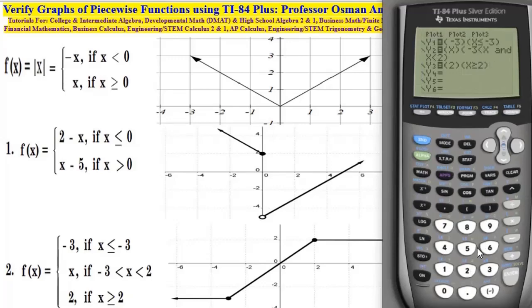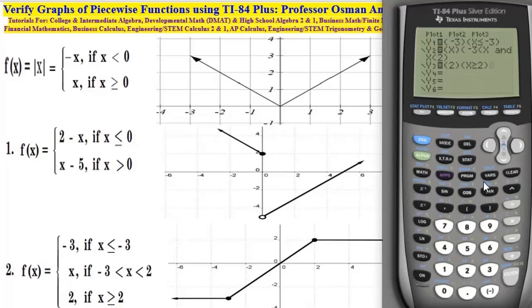Make sure your entries are correct. It is minus 3 if x is less or equal to minus 3. It is x when x is between minus 3 and 2, and it is constant 2 if x is greater or equal to 2.